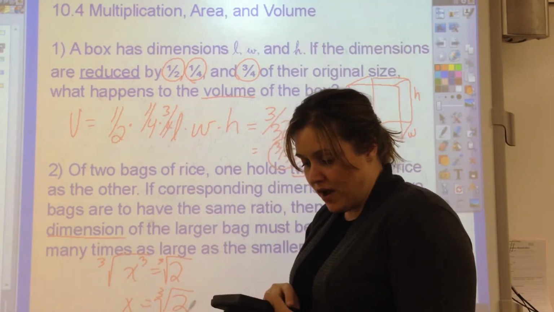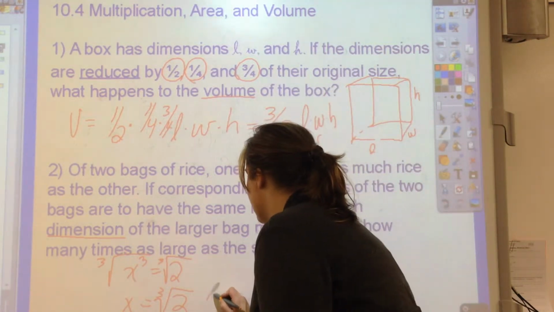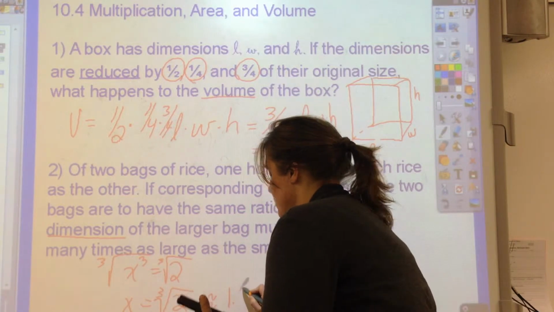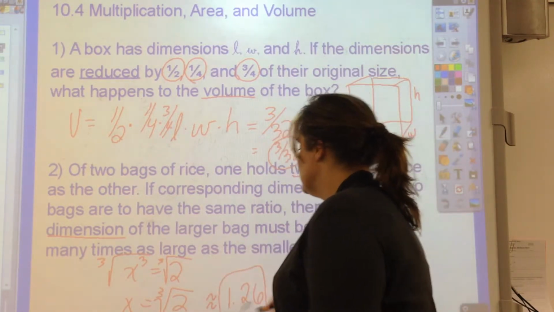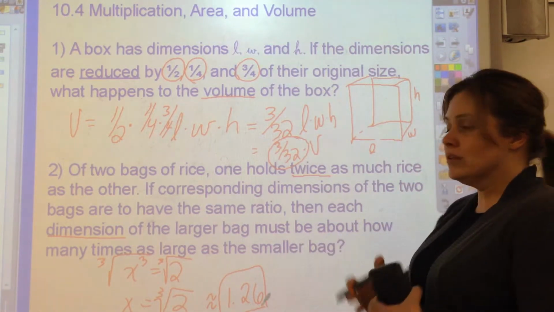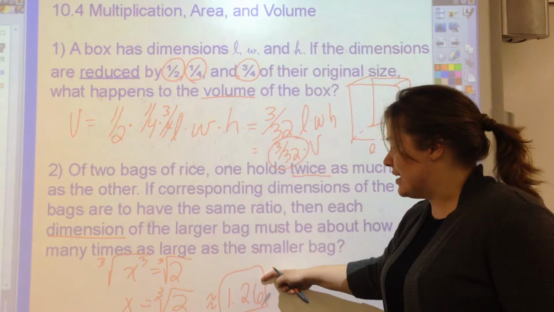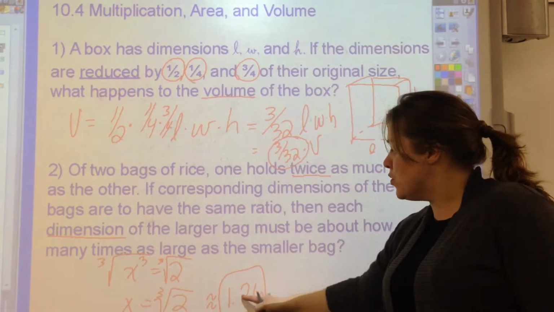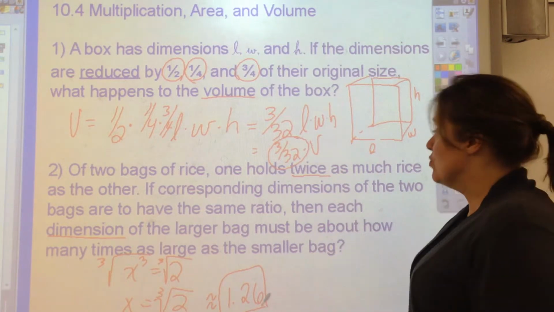Let's go ahead and find the approximate, and I get approximately 1.26 times as large. That means that for length, width, and height of one bag, each length, width, and height would be approximately 1.26 times bigger in the large bag than in the small bag.